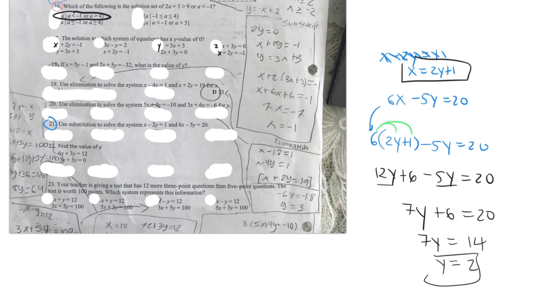Combining these like terms, we would have 7y plus 6 equals 20. 7y equals 14, and then y would therefore be equal to 2. And then we want to find out what x is, so we could work with this one again. And we could say that x equals 2 times 2 plus 1, aka 5. So that's what x is equal to.